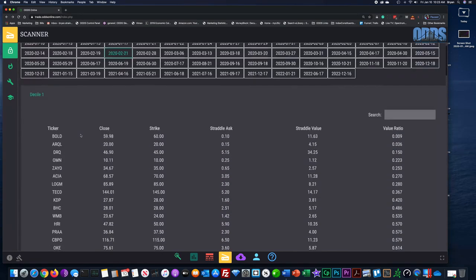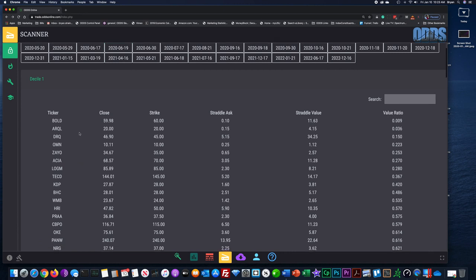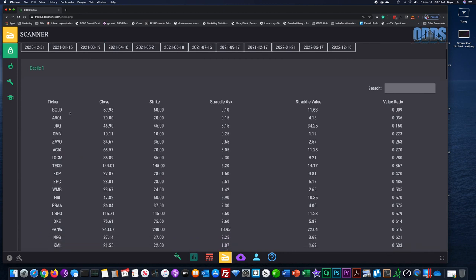Now anything in decile 1 is going to be cheap relative to the value, but the cheapest one when you sort this isn't always right. So you do got to be careful because sometimes options get cheap for a fundamental reason. If a company is in a merger takeover situation, that could be a factor in why the options are cheap. Something that would not necessarily make us want to buy those options.